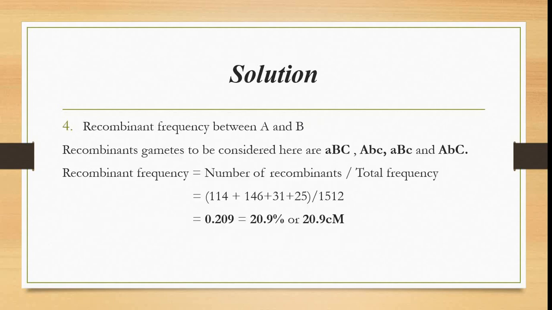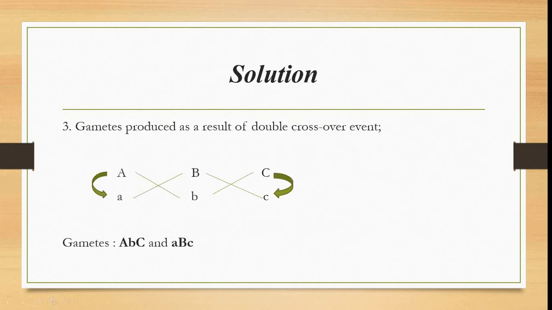The expected frequency, if you look at this place, for instance, over here, before we had our double crossover products, there was a crossing over that occurred between gene A and B, and also another one occurred between gene B and C. So you consider the frequency of the recombinant gametes that were formed when there was crossing over between A and B, and also you consider that was gotten when the crossing over occurred between B and C.